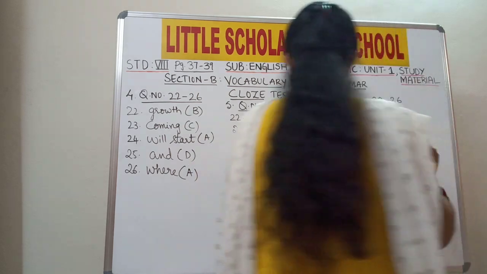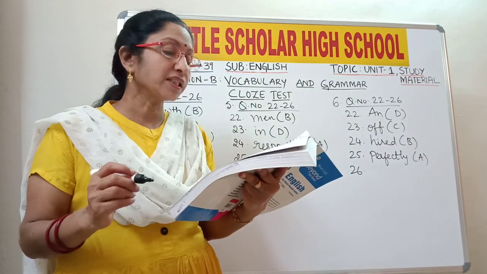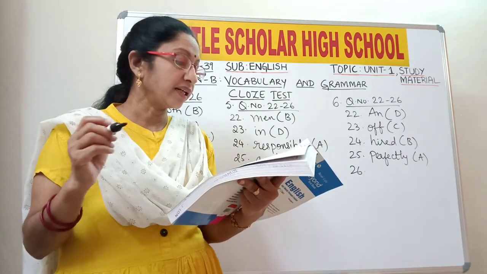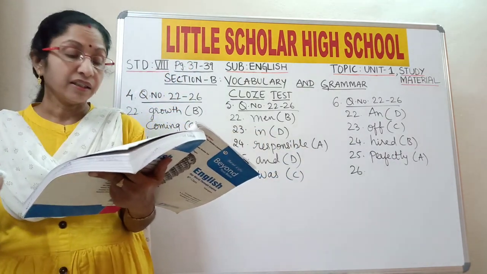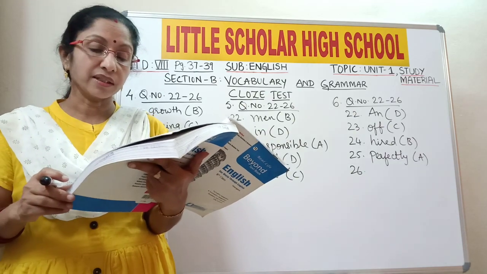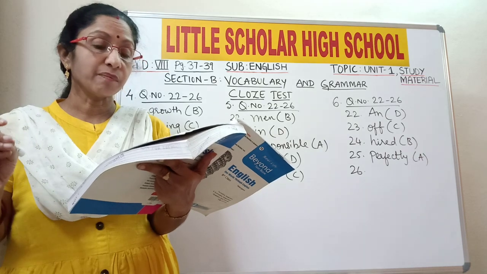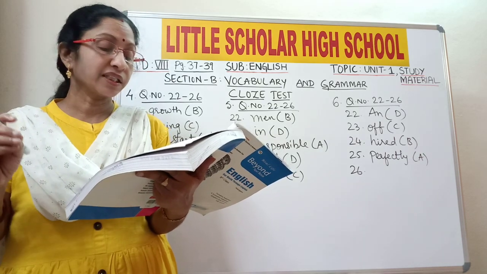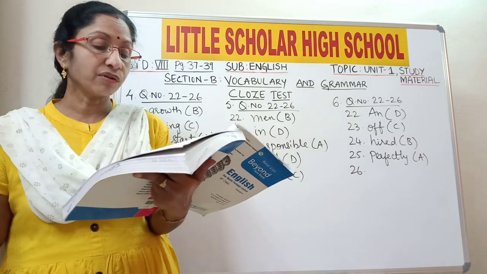Question number 26. Dash driving became impossible. He pulled into the side of the road. Question number 26 options are: A neither, B since, C as soon as, D so. So why did he pull into the side of the road?